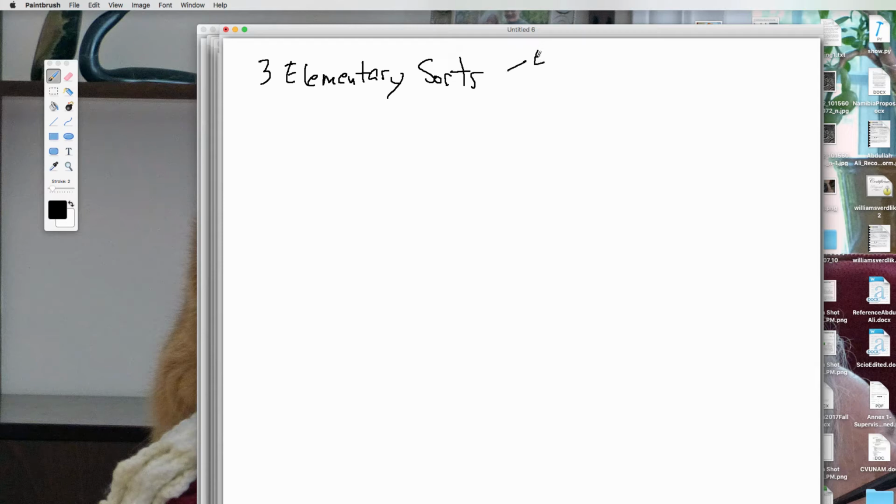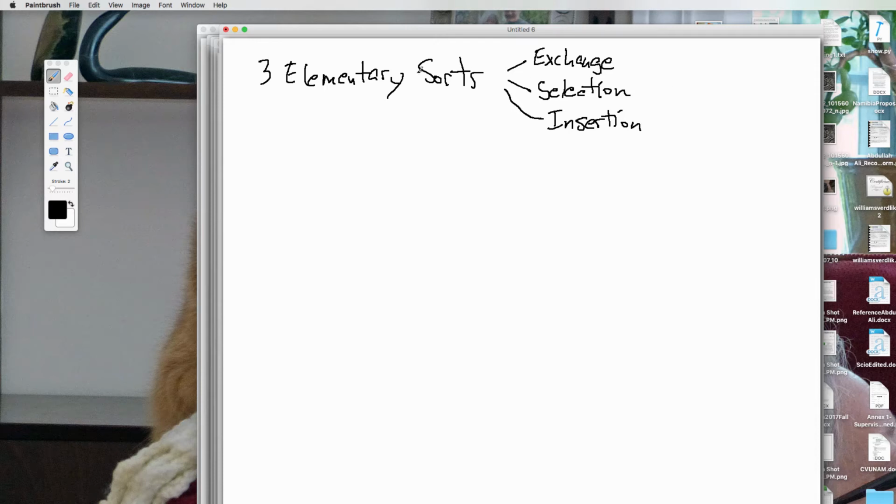There was exchange sort, which people like to call bubble sort, and selection sort, and the other one was called insertion sort.